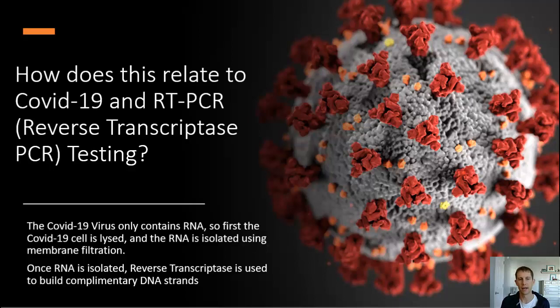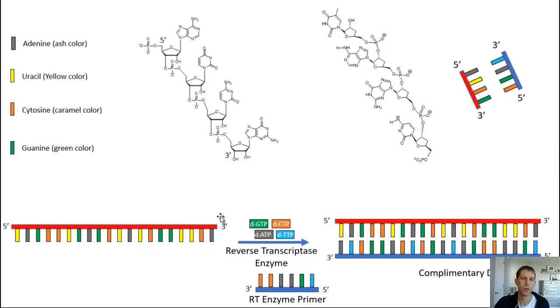Once we've isolated that RNA, we use reverse transcriptase to build complementary DNA strands. Reverse transcriptase is an enzyme very similar to the Taq polymerase enzyme, except that it prefers to build complementary DNA from an RNA template.